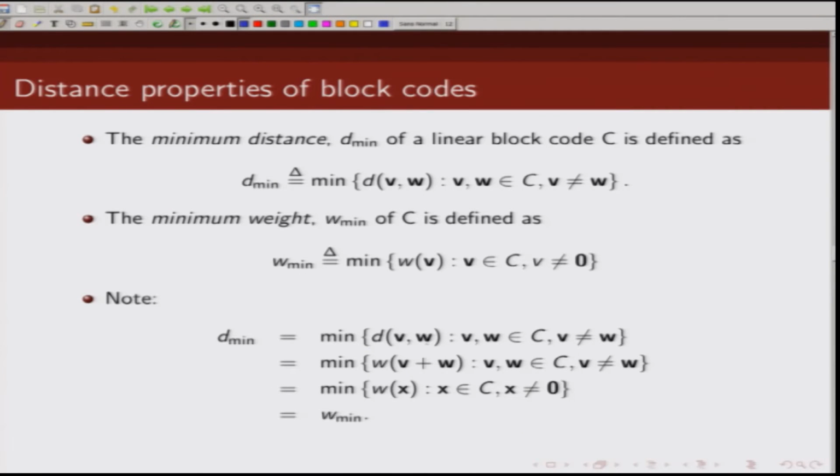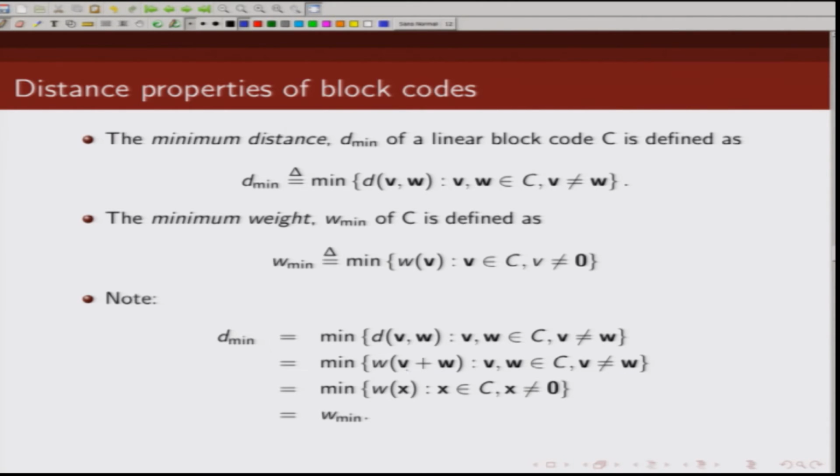So, we can write minimum distance as minimum Hamming weight of v plus w, where v and w are code words belonging to this linear block code, and v is not the same as w.